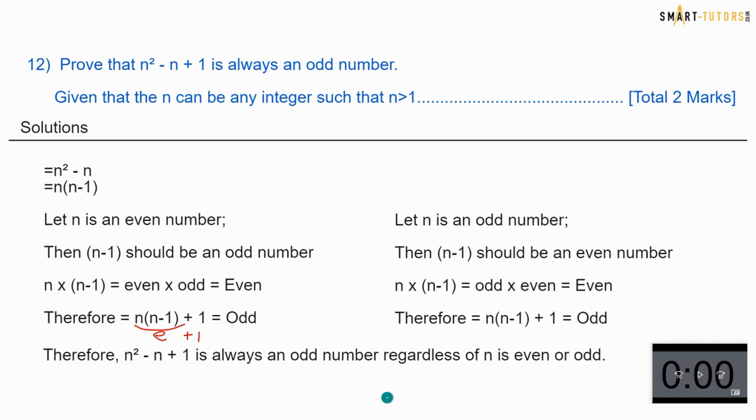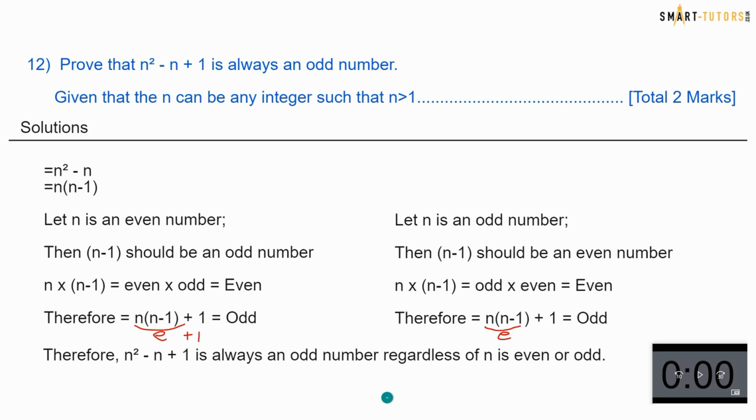So how about the second case? Suppose n is an odd number, then n minus 1 should be an even number. So n times n minus 1 is an odd number times an even number, that gives an even number, right? Therefore, n times n minus 1 plus 1 is always an odd number, since an even number plus 1 is an odd number.